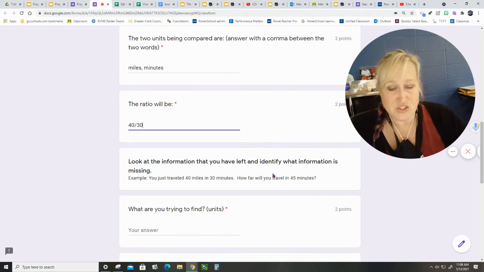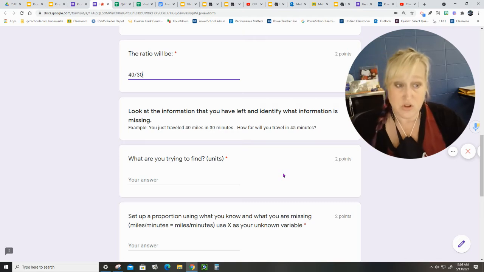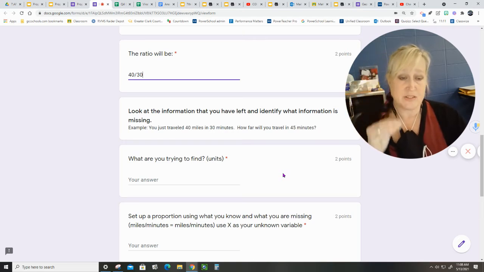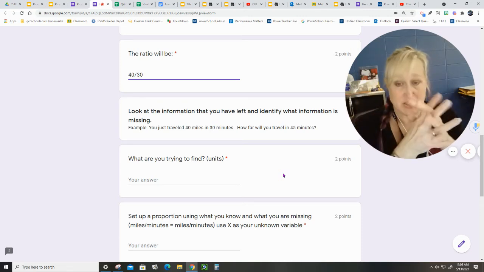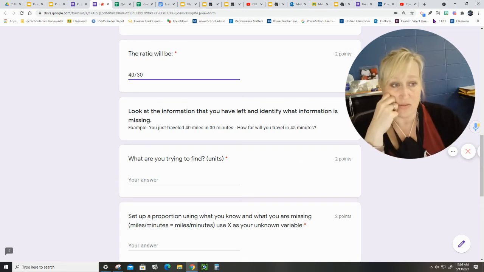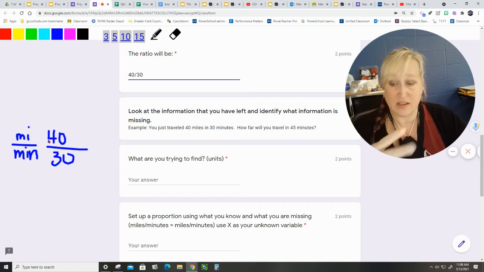Look at the information that you have left and identify what information is missing. So these notes are telling you step by step what you got to do. First, what's being compared? What do I have all the information for? Second, what information am I looking for? So in this one, we know miles per minute, it gave us 40 miles for 30 minutes.